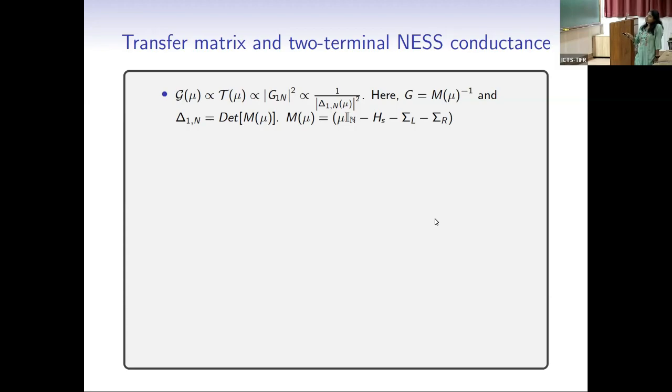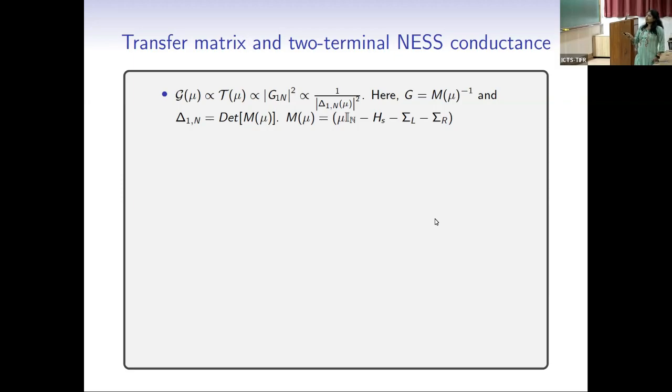Here Hs is the single-particle Hamiltonian of the system, as we are always talking about a non-interacting system, and these are the self-energy terms due to the baths. As we are considering the nearest neighbor model, this Hs is a tridiagonal matrix, and the self-energy terms appear in the diagonal. So M mu is also a tridiagonal matrix.